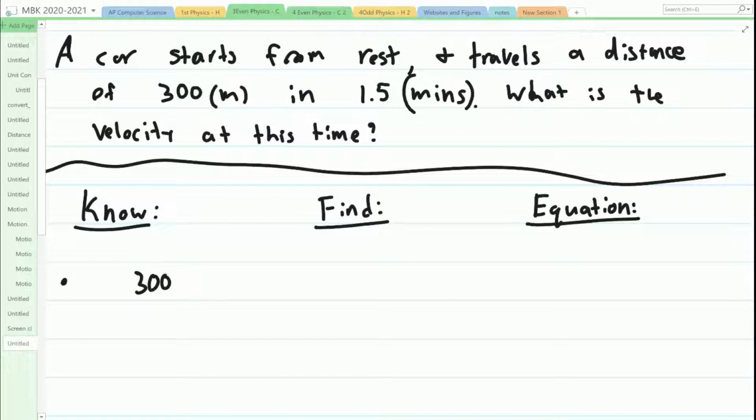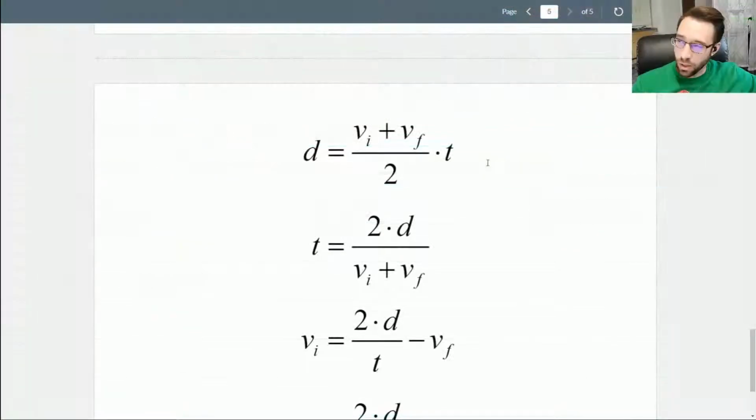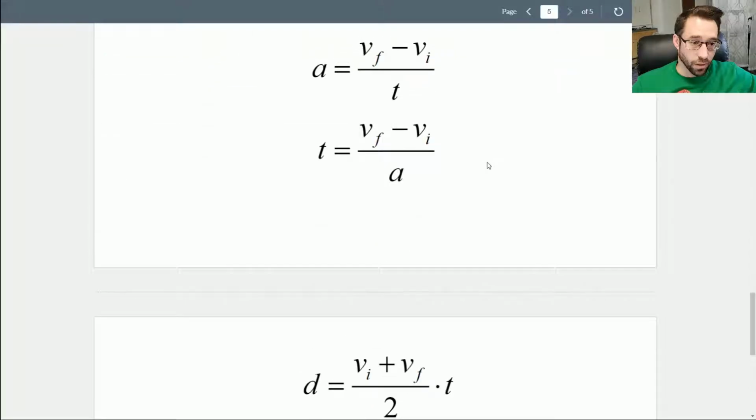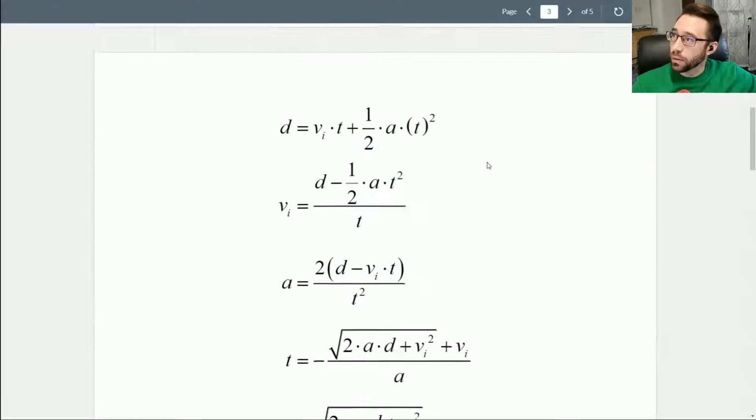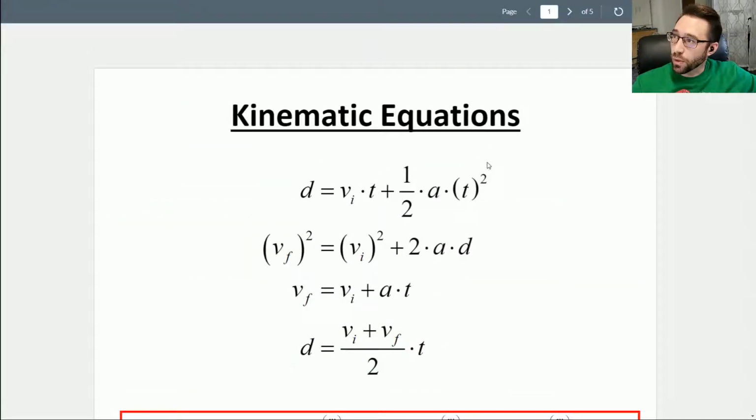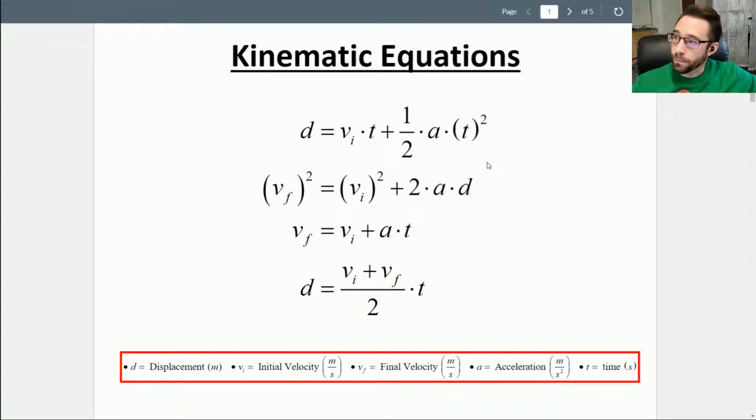Now, if we go back, you guys can have this document up. It's uploaded on Canvas in the modules. So if we go to the first page, down at the bottom in the red box, I have d as my displacement, and that has units of meters.